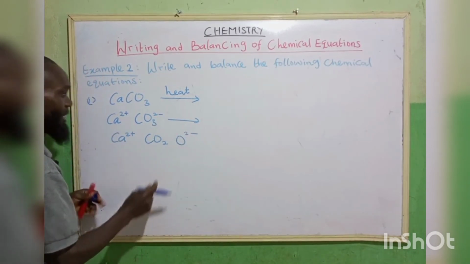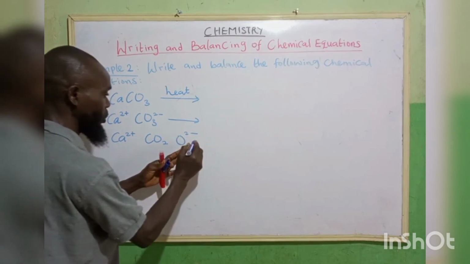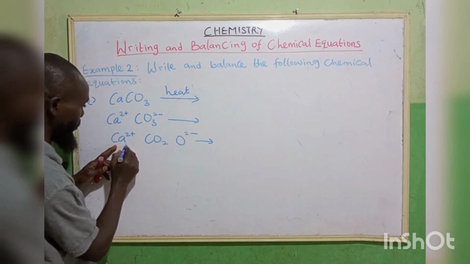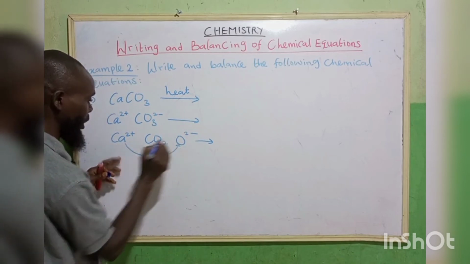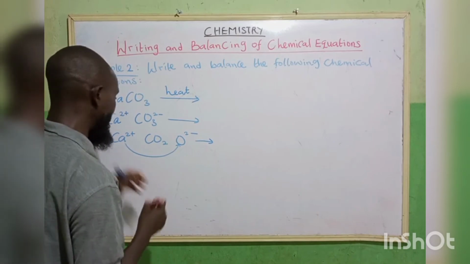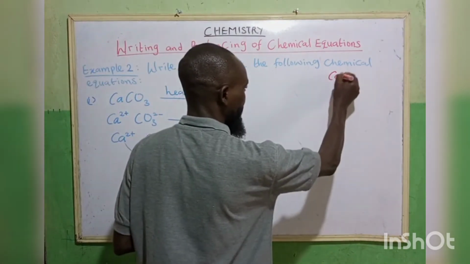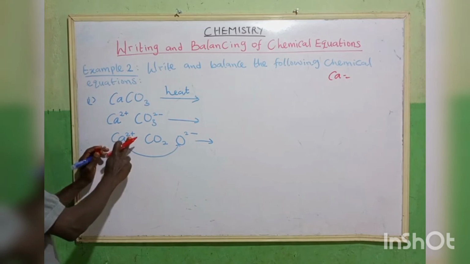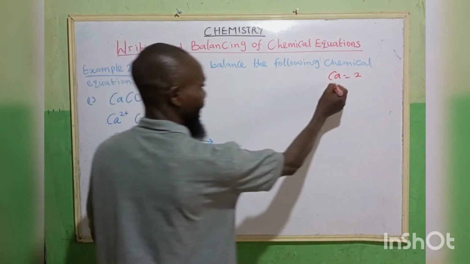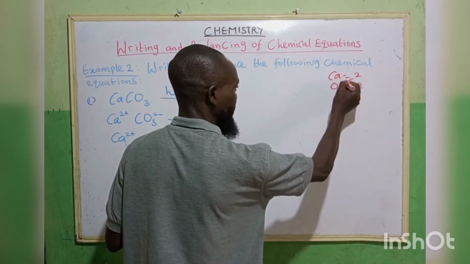Now, in this case, the product formed is going to be calcium joining with oxygen. When calcium joins with oxygen, don't forget here, calcium is having a charge of 2 plus, that is 2. Then oxygen having 2, cross multiply.